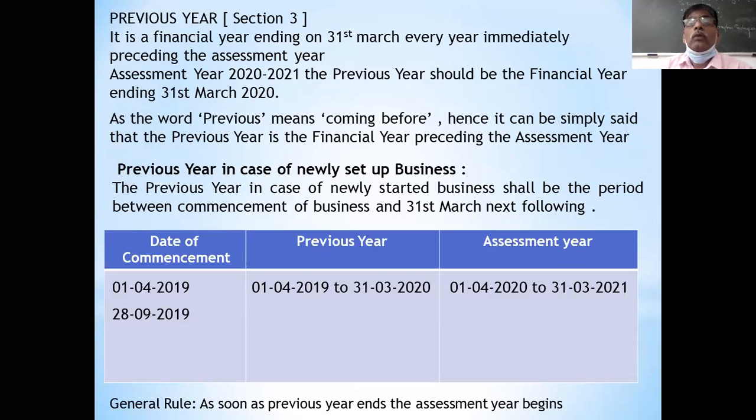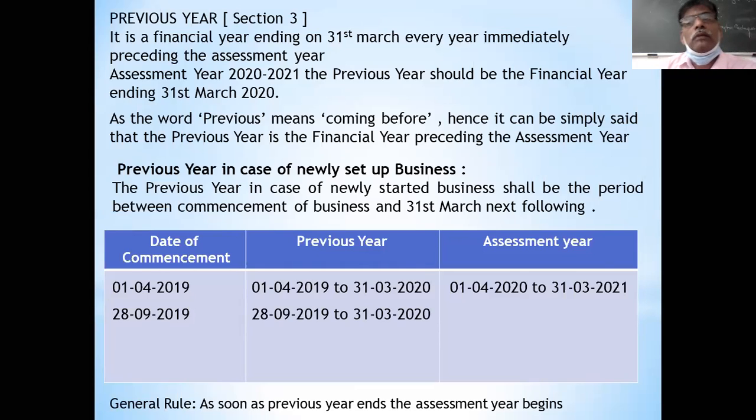What is the previous year for this? The previous year for this is from 28/9/2019 to 31st March of the next year, when the financial year ends. So the previous year for this business is 28/9/2019 to 31st March 2020.